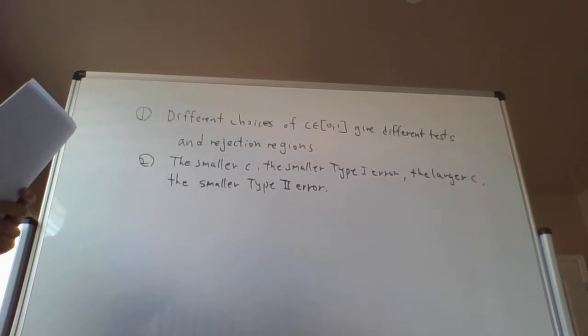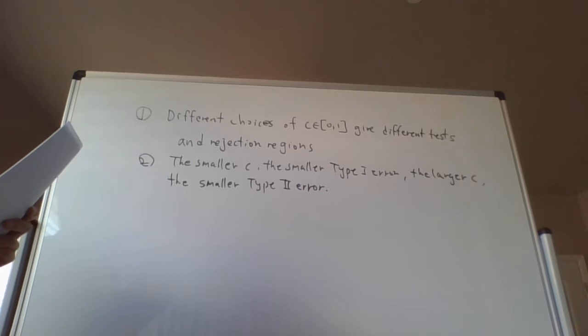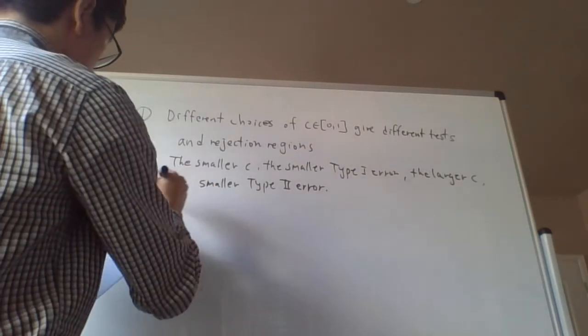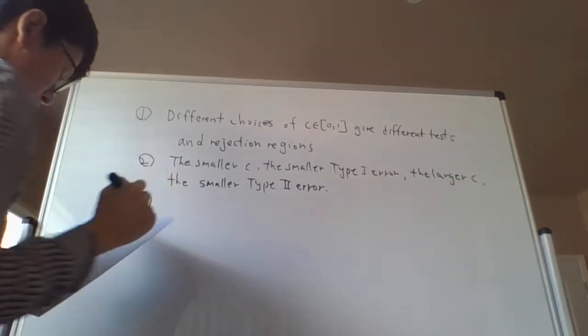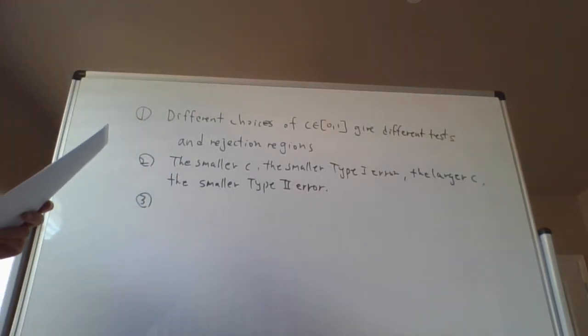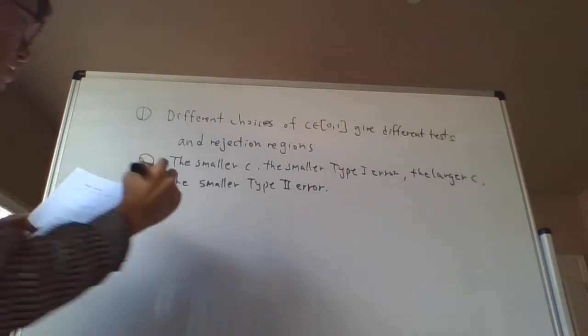The smaller C gives a smaller type 1 error, the larger C gives a smaller type 2 error. And we can create a size alpha test by choosing appropriate C.